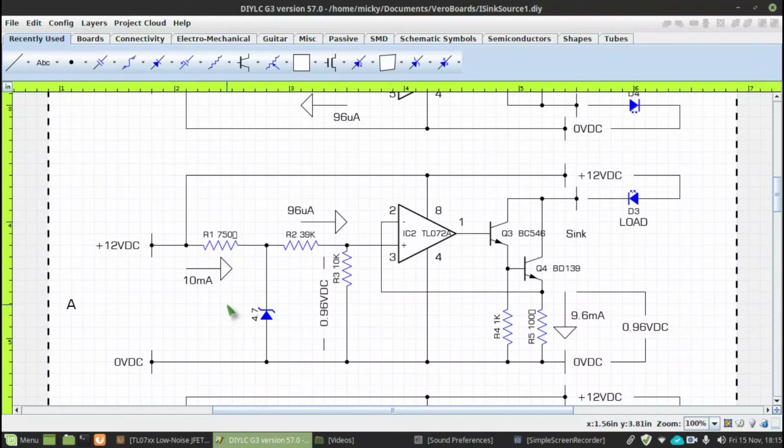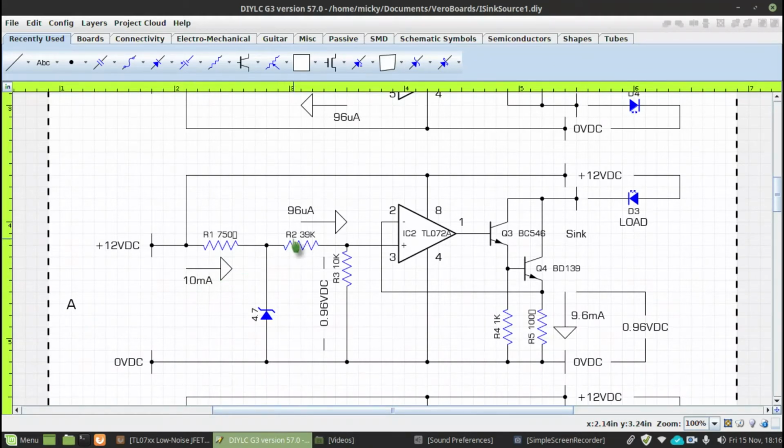Now that's the voltage across R1, so you divide that by 750 ohms, and that comes out at 9.7333 recurring milliamps. So it's not really 10 milliamps, it's 9.73.